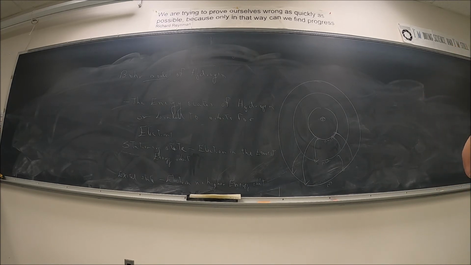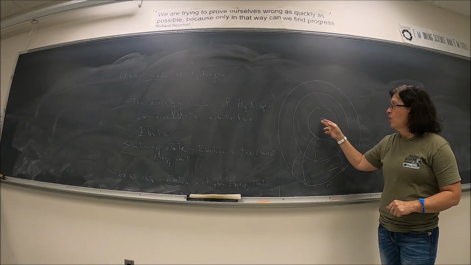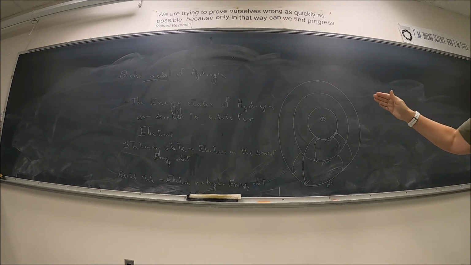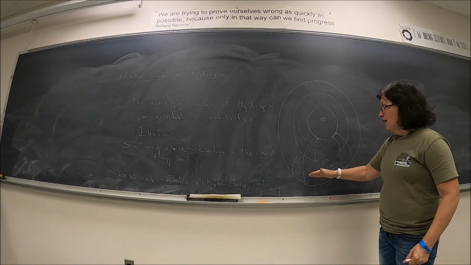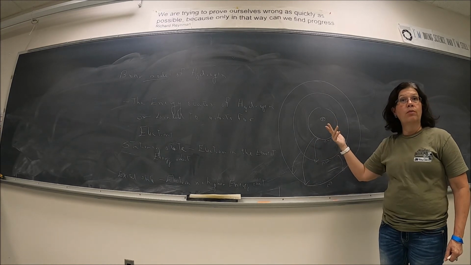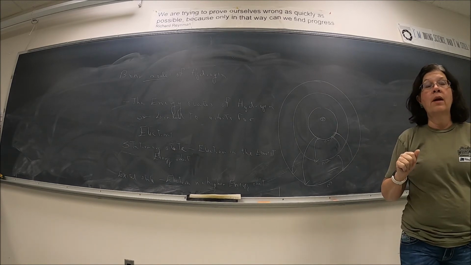And we have to be able to explain why then the electron doesn't spiral into the nucleus. And Bohr couldn't explain it. He just said it's in these orbits, and the orbits are fixed, and when an electron is in there, it's stable. And the stationary state is the bottom one.